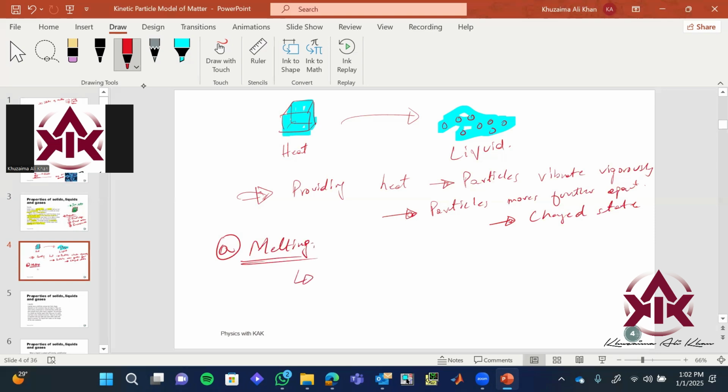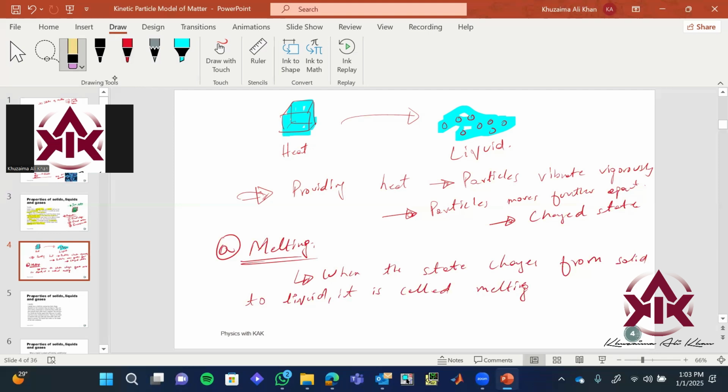When the state changes from solid to liquid, it is called melting, right? So this is the definition. This is the first change of state which you have in your dictionary right now. Take it. It's called melting.